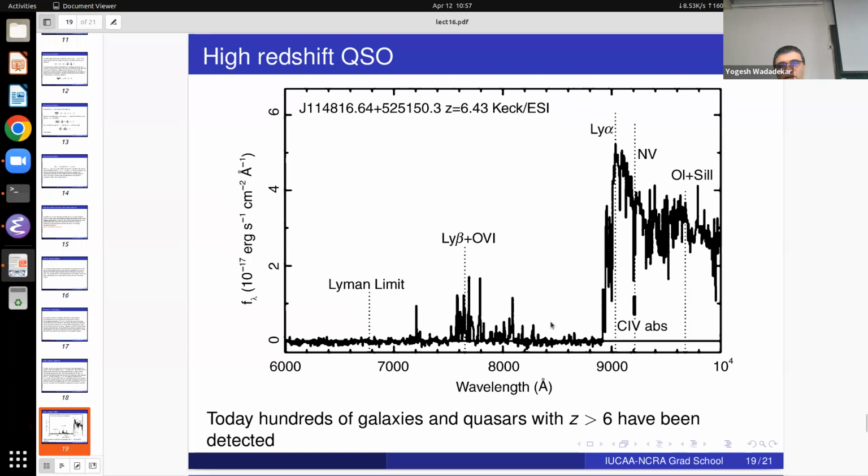Which band will have high luminosity for this quasar? Red meaning really red. I mean almost into the near infrared. Okay, beyond 9,000. And what do you expect to find below the Lyman limit? What will be the flux below the Lyman limit?